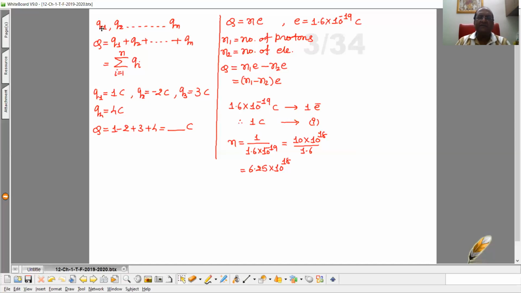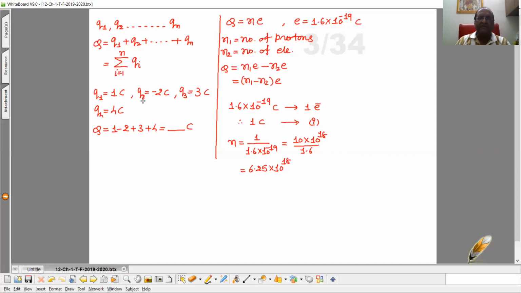It implies that suppose Q1, Q2, Q3 up to Qn charges are residing on the body. Then the net charge is Q1 plus Q2 plus Q3 up to Qn. So we can write sigma Qi, where i goes from 1 to n. But here we have to take algebraic summation.